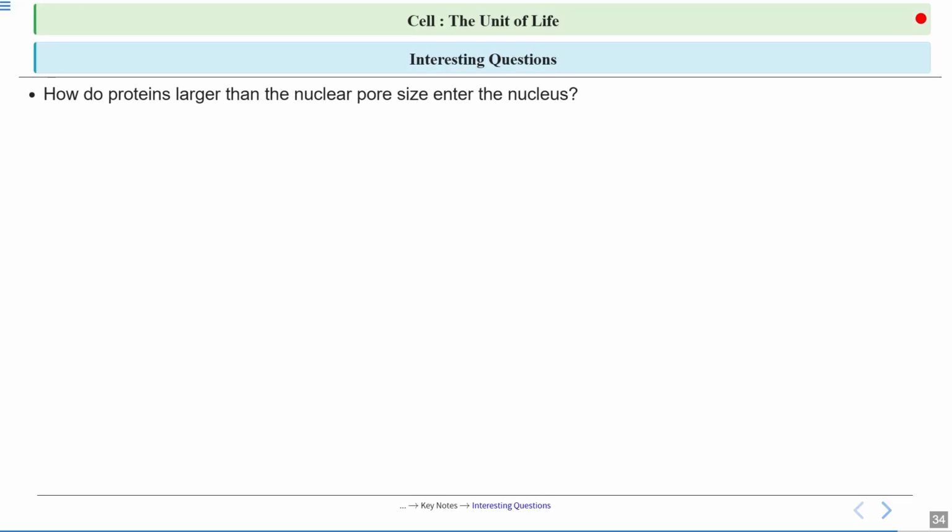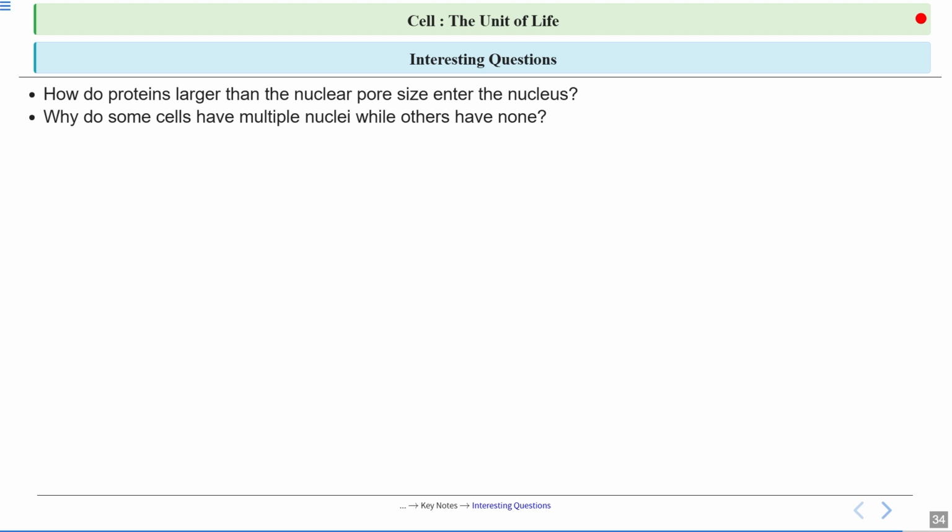Now there are some interesting questions for you. First, how do proteins which are larger than the nuclear pore size enter into the nucleus? Next, why do some cells have multiple nuclei while others have none?